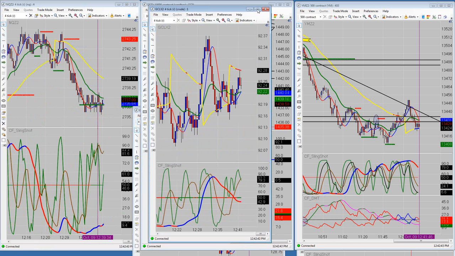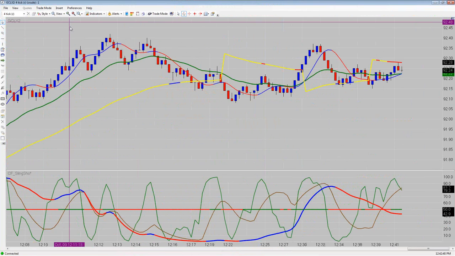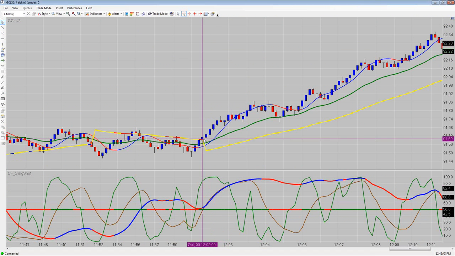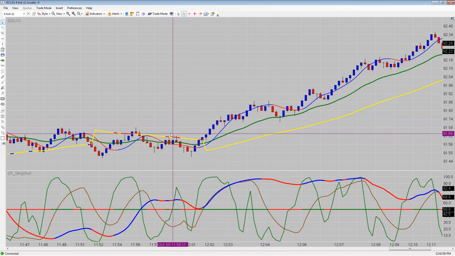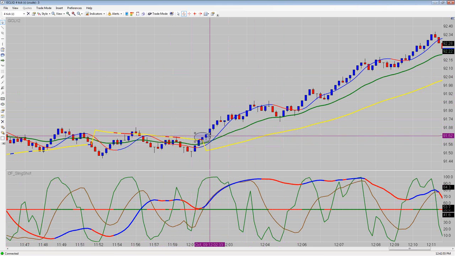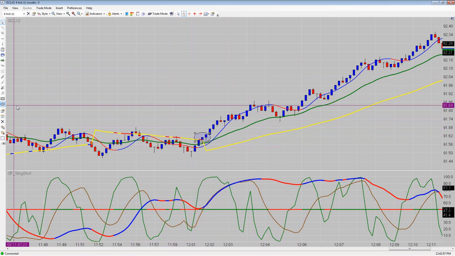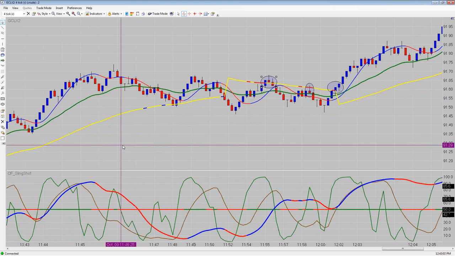Here's crude oil, same thing, over and over and over again. Break of the elbow, up close, test of it right in here. This was all during the break. Okay, there was the break of it there, the close above the bar that broke it. Here was a test of the red right there. You could have sold the red there, sold the red here.